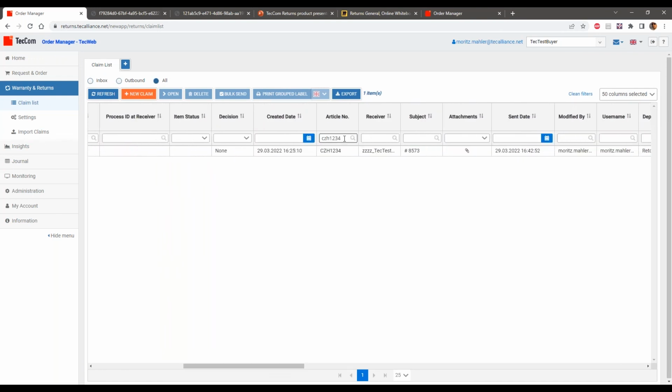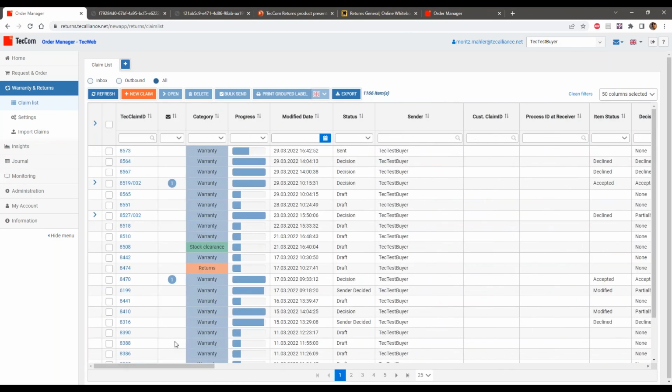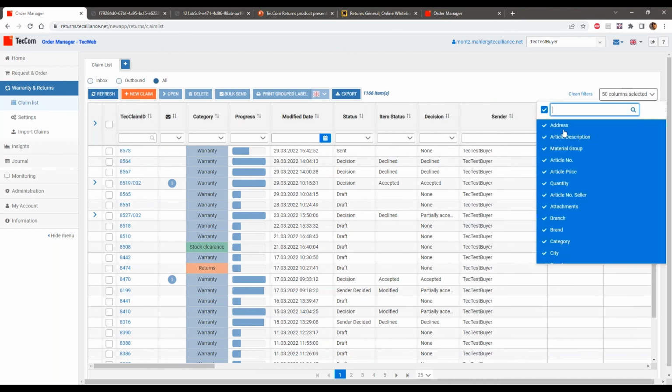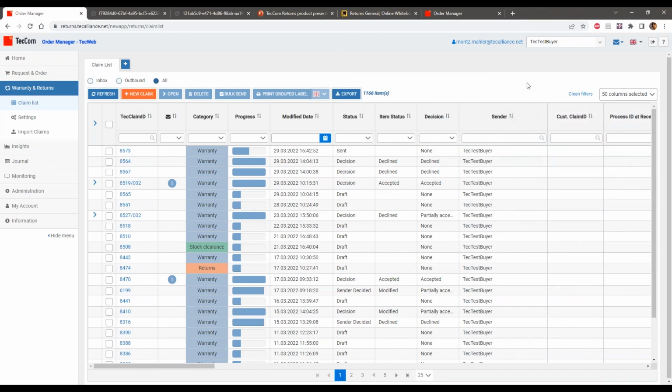If the supplier is working with our solution, you can even see if the claim was opened, if the claim is in work, if the claim has already some movement. Maybe there is already a decision. Then it would look like this. Could, for example, also take this all over here. So this is set up exactly like you want, and you have a lot of possibilities how to set this claim list up, because this is your major workspace.